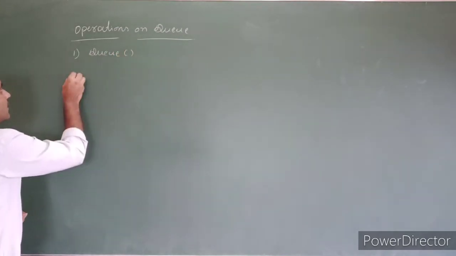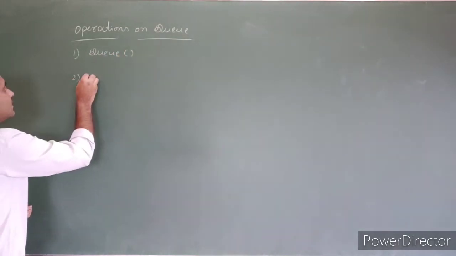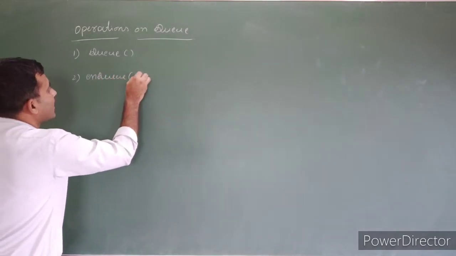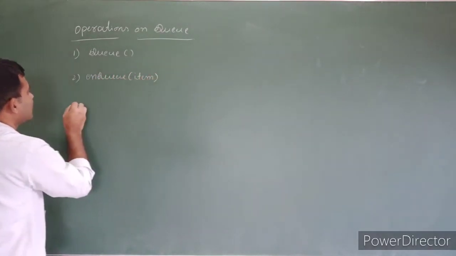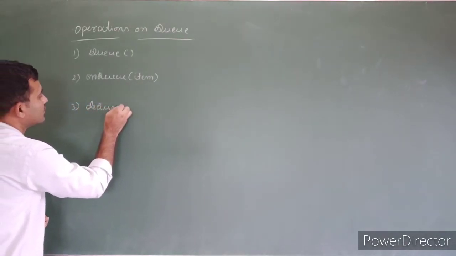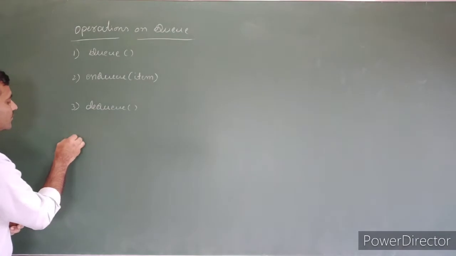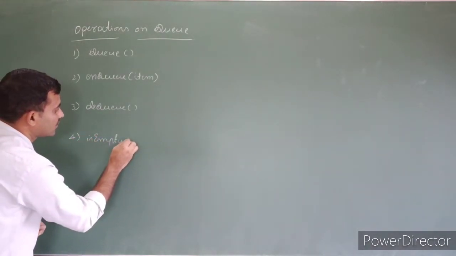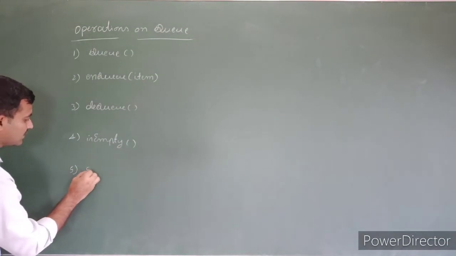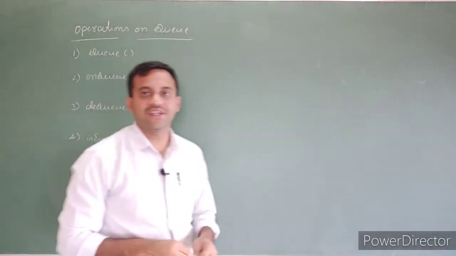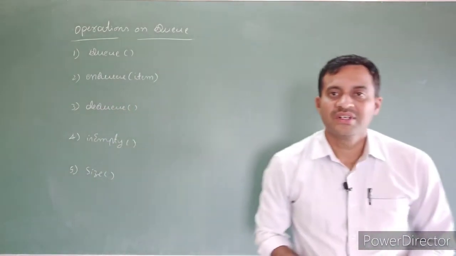Then the second one is NQ of item. Then the third one is DQ. Then the fourth one is empty. Then the fifth one is size. So there are 5 operations on queue.